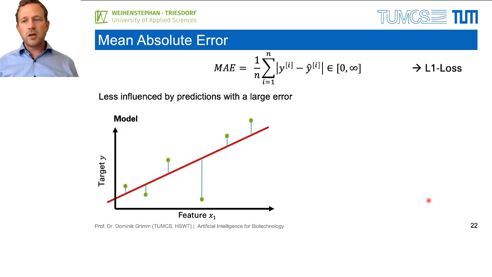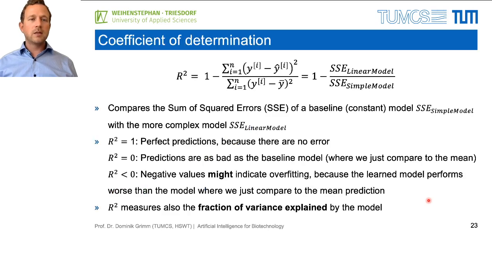And the last measure I would like to show you is the coefficient of determination, which you might still know from statistics. So capital R squared is nothing else than 1 minus the sum of squared errors divided by the sum of squared errors, but in the denominator we don't use the prediction, we use the mean of all our y values.